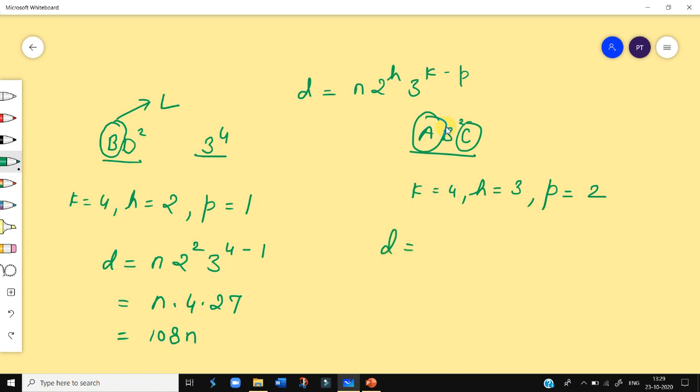So the divisor will be d equal to n times 2 raised to h, the value of h is 3, and 3 raised to k minus p. k is 4 and p is 2. So n times 8 into 3 square, which is 9. So 72n. So we can see that using this formula also we can quickly find the divisor for any factor interaction.